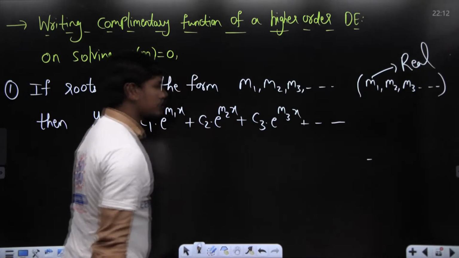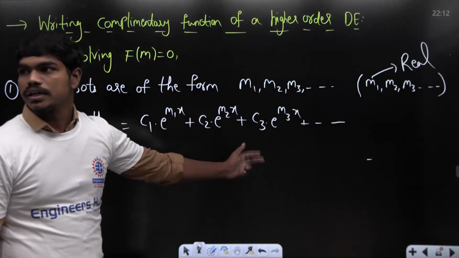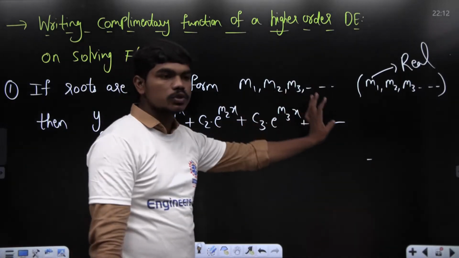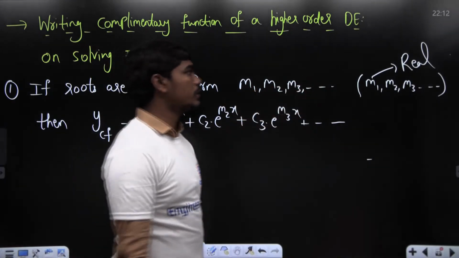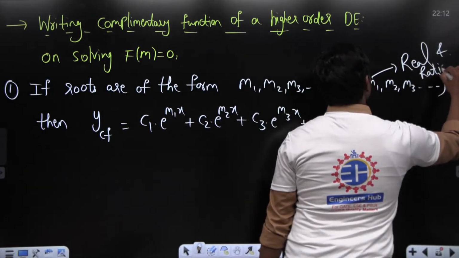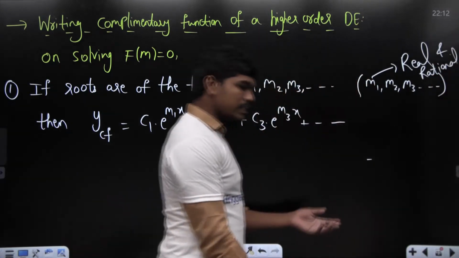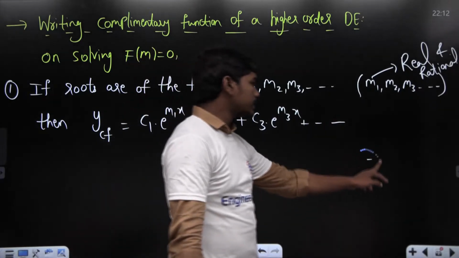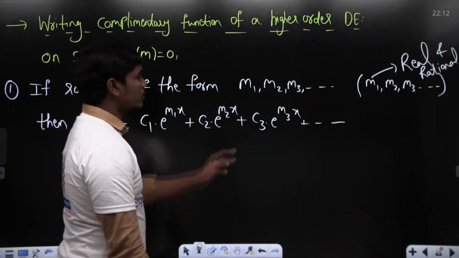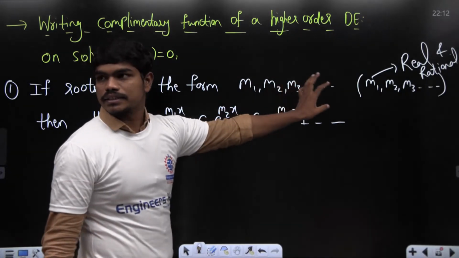This is the complementary function where C1, C2, C3 are arbitrary constants. Is that clear? Suppose you are getting all these as real roots, or of course real and rational, meaning some integers, some fractions and all. Then definitely this is how you will be writing the solution. These are real and rational roots of the equation.